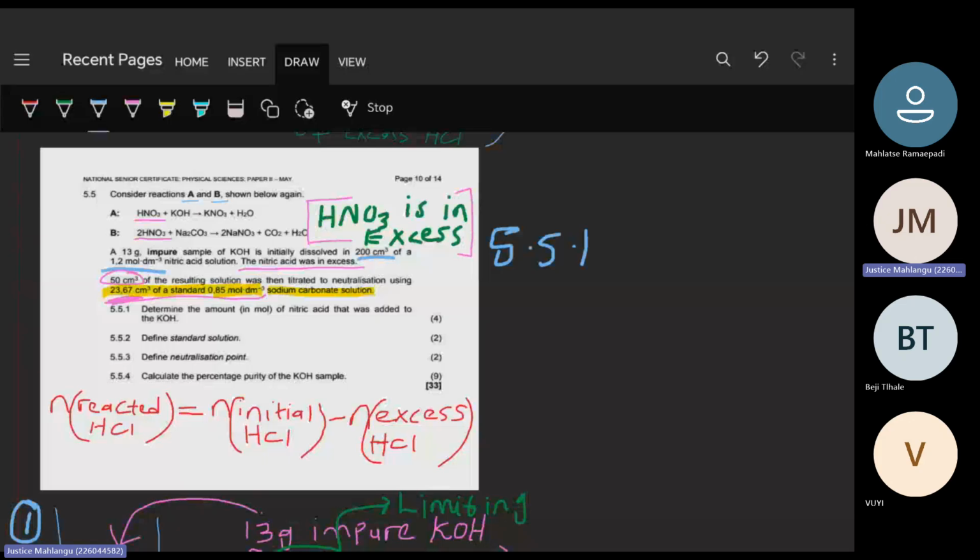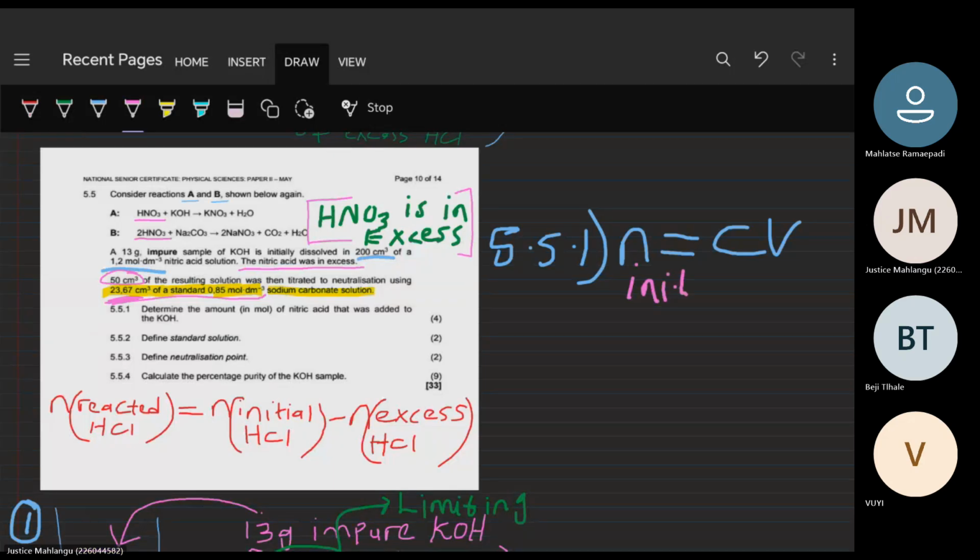Number of moles equals concentration times volume. So these are the number of moles initial, initial of HNO3.